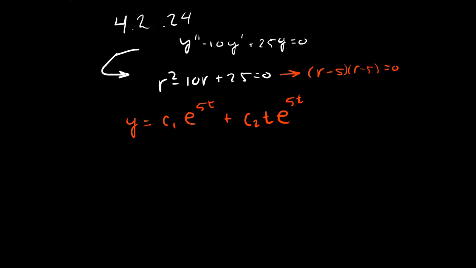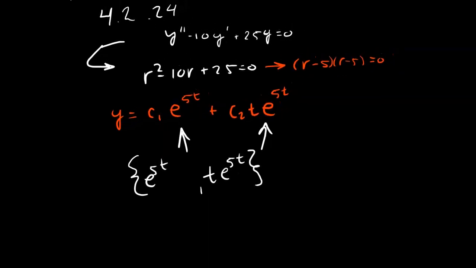And that's why we introduce this t. So these two functions, e to the 5t and t e to the 5t, both solve my ordinary differential equation, and they are linearly independent. Hence, these form a basis for my solution space. So here's my basis.